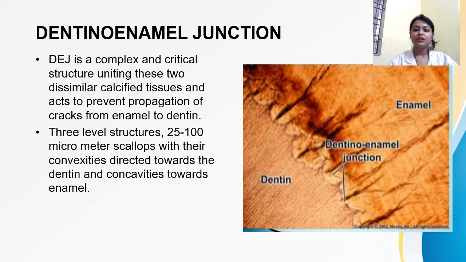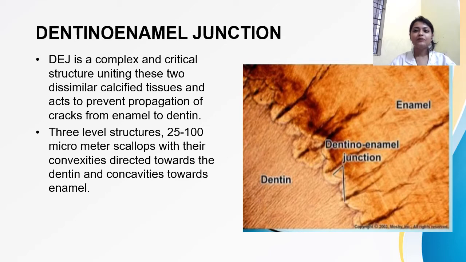Now coming to the dentino-enamel junction. The dentino-enamel junction is a complex and critical structure uniting these two dissimilar calcified tissues and acts to prevent propagation of cracks from enamel to dentin. So it is actually helping to prevent any type of cracks, because enamel is a different type of tissue, dentin is totally different, but in between them is this junction. It has a 3-level structure, with 25 to 100 micrometer scallops with their convexities directed towards the dentin and concavities towards the enamel.